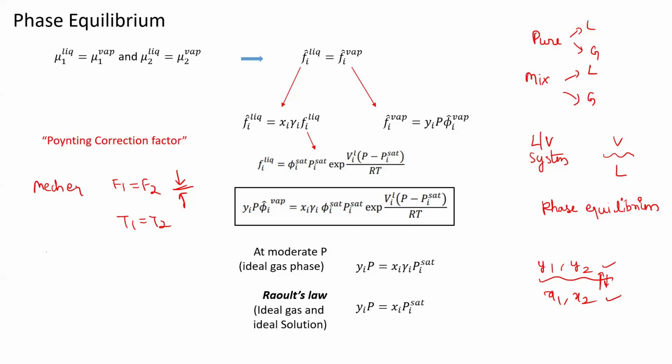One more thing is Raoult's law, where gamma is also assumed to be 1. So here both the gas and the liquid phase are assumed to be ideal gas and ideal solution respectively. That is what we call Raoult's law. It helps us find the relation between the mole fraction of a species in the liquid phase and the mole fraction of the same species in the vapor phase.